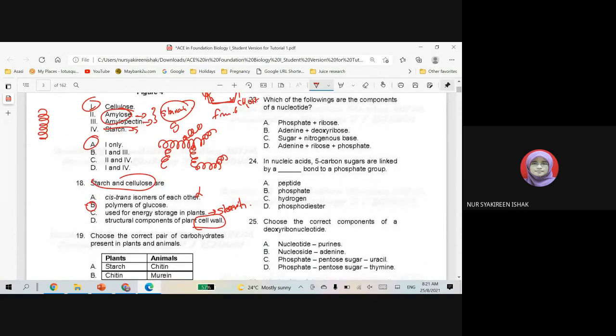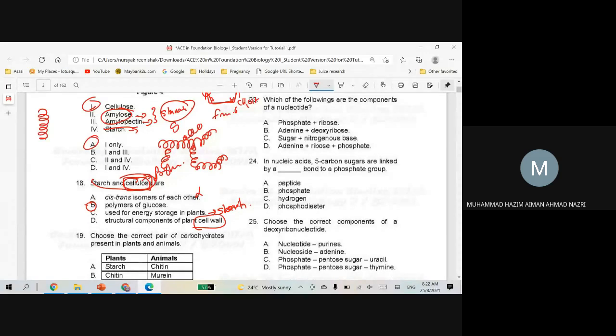If I ask about cellulose, can you name the bond that holds the beta glucose together? In cellulose, the monomer is beta glucose. What is the bond that holds the monomers together?